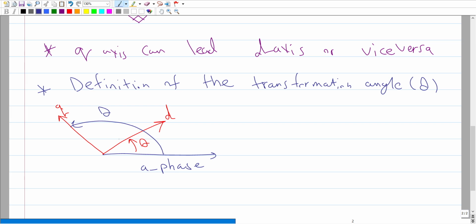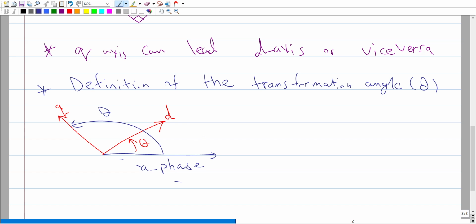So please take into account that theta is the angle of one axis with respect to the A phase axis, not the angle between two axes. This is different, because here the theta, the angle, has a sign. It can be positive or negative. For example, this theta is plus 30 degrees, but if it was here, this theta, then it would be minus 30 degrees.